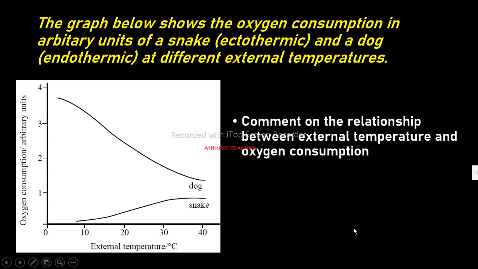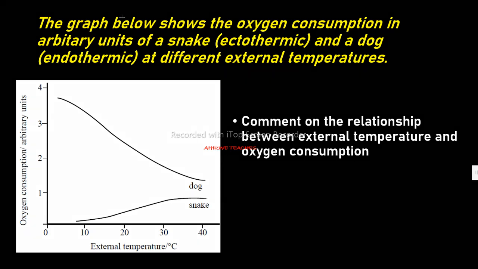Now, from the question, we can see the graph shows oxygen consumption. Before you think of anything, you need to first understand the relationship between oxygen consumption and temperature. And mind you, why do these organisms have to consume oxygen?